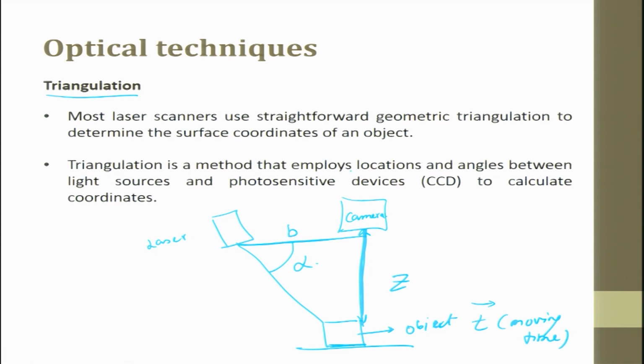Triangulation is a method that employs locations and angle between the light source and the photosensitive CCD to calculate the coordinates. So, this object's coordinates x, y, z can be calculated by using this triangulation technique.